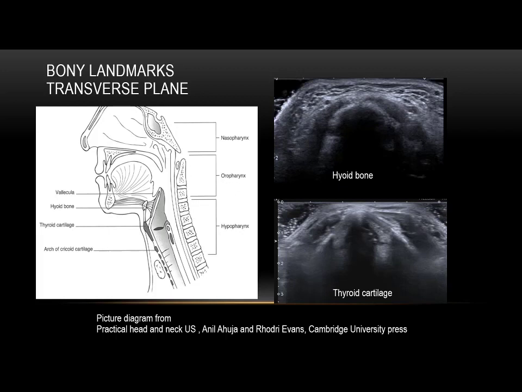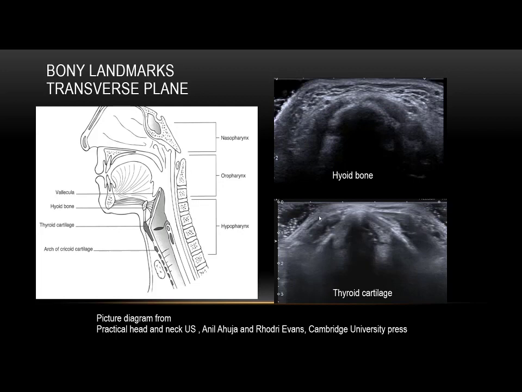Going down a little bit, you can see the thyroid cartilage. The thyroid cartilage is a triangular-shaped cartilage, and inside it is the larynx. Since the thyroid cartilage is prominent and has a ridge, the lateral aspect of the thyroid cartilage has an air gap.